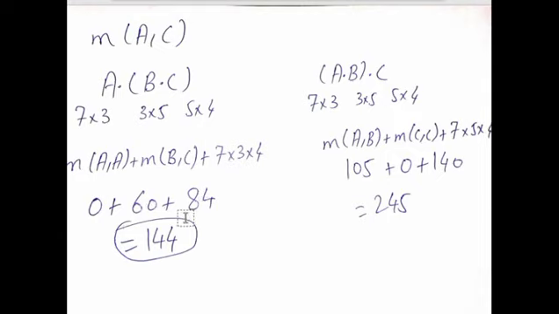Now let us check the second possibility. The second possibility was that we take a pair of matrix A and B and then multiply the final result with the matrix C. So the dimensions of the matrix A are 7 into 3, the dimensions of matrix B are 3 into 5, and the dimensions of matrix C are 5 into 4.